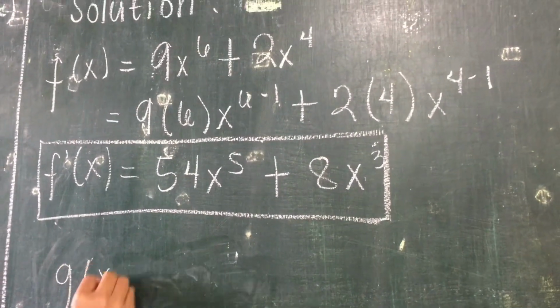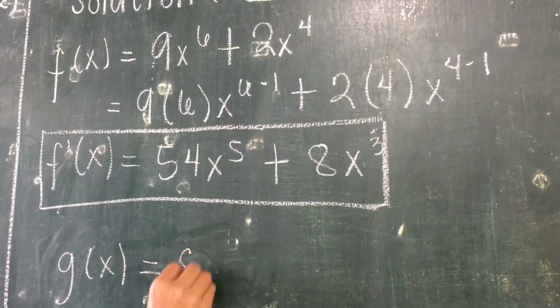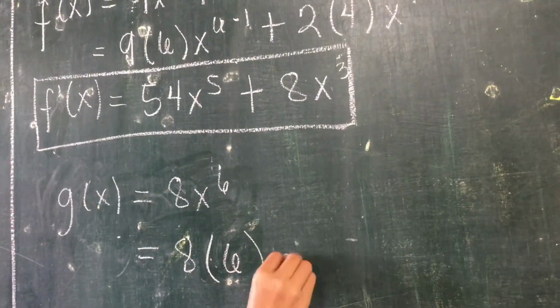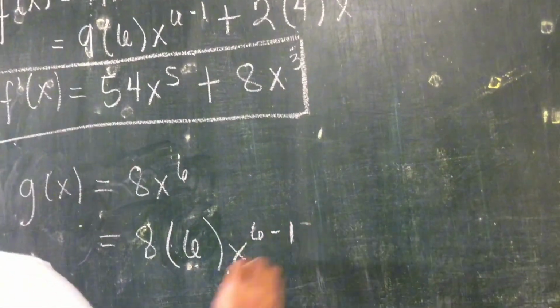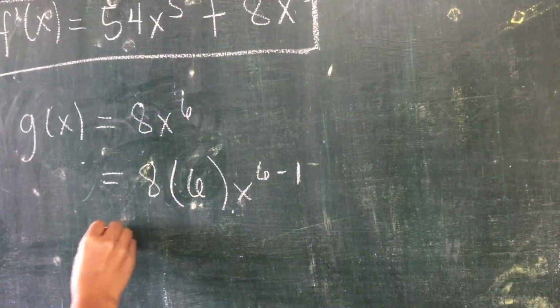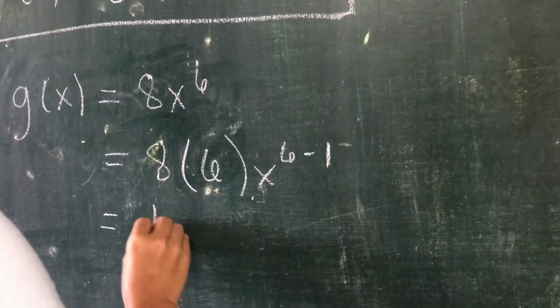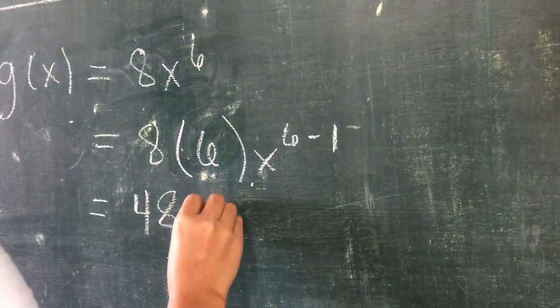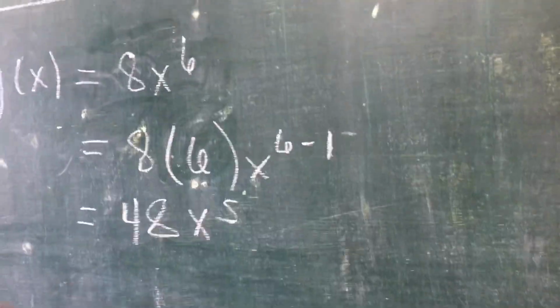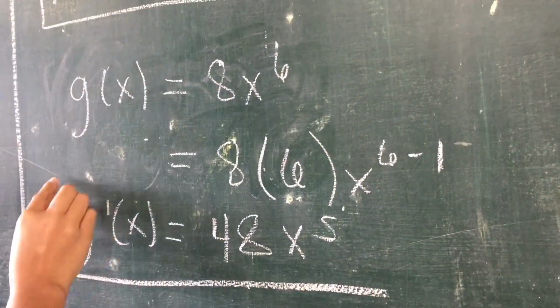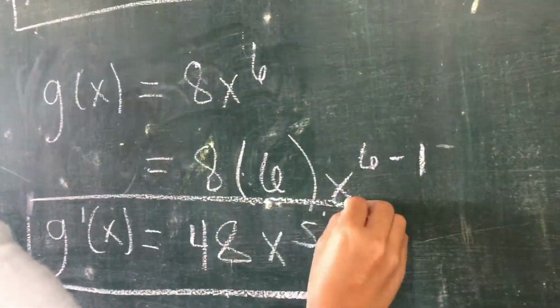Our g of x is 8x to the power of 6. 8 times 6x to the power of 6 minus 1. Let's multiply to find g prime of x. So 8 times 6 is 48 and 6 minus 1 is 5. So our g prime of x is 48x to the power of 5.